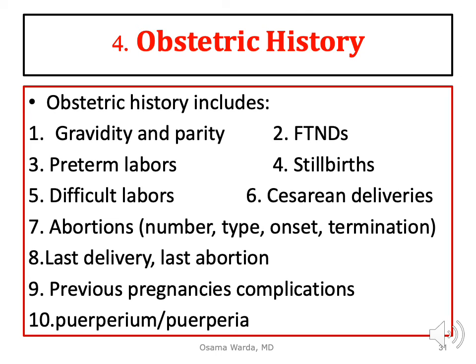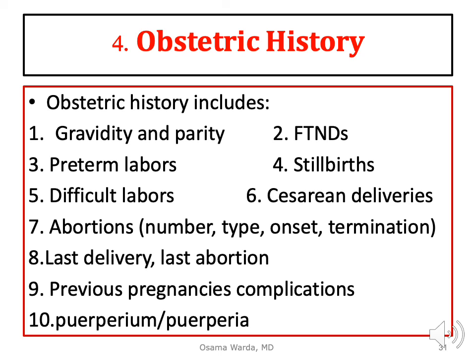Difficult labors are those vaginal deliveries that are lacking the criteria of normal labor. That is to say, for example, if it is forceps delivery, not spontaneous, it is difficult labor. If the delivery is of more than one fetus, it is not single, so it is difficult labor.